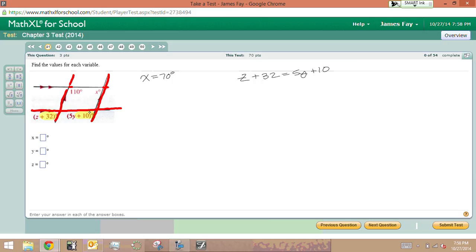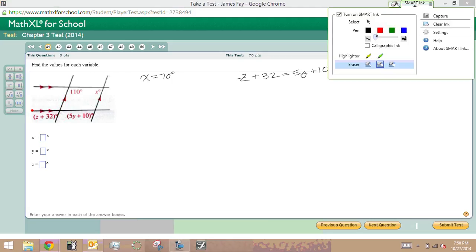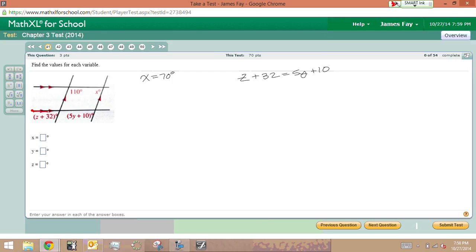Okay. I start looking then for other relationships. Maybe I have to look at a different pair of parallel lines. So let's look at that parallel line, and now that transversal.